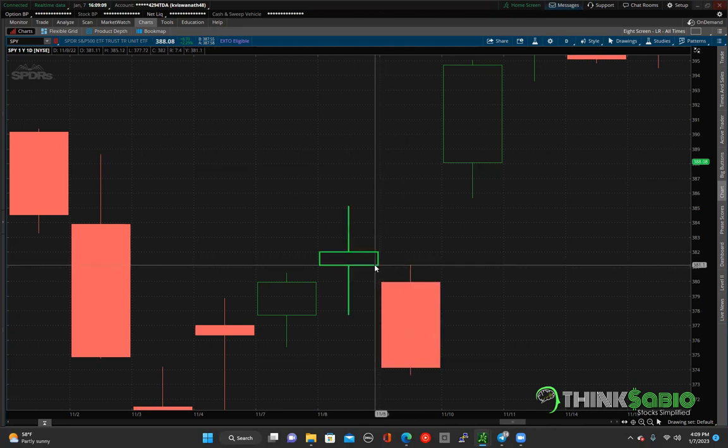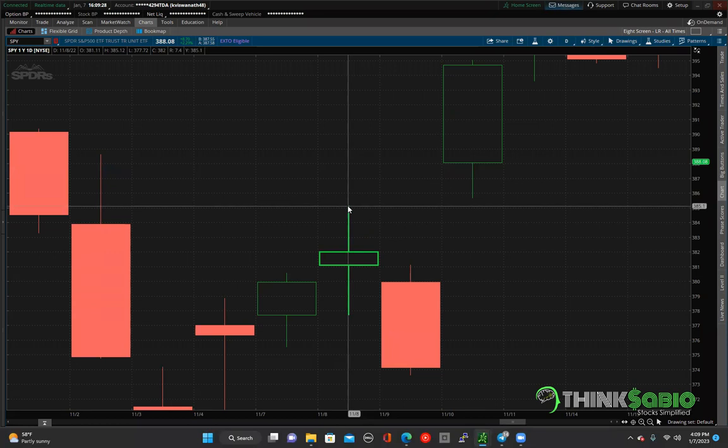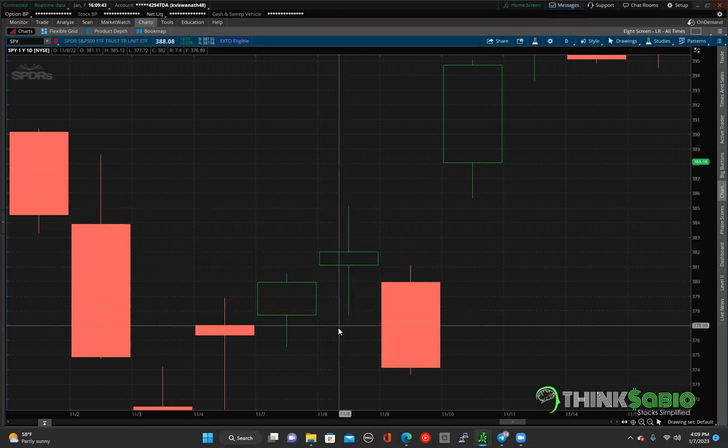So SPY opened at 381.1, closed at 382. The bottom wick is the low of the day, which is at 377.68. And this wick at the top represents the high of the day, which is 385.1. Okay, so this is open, close, low, high.